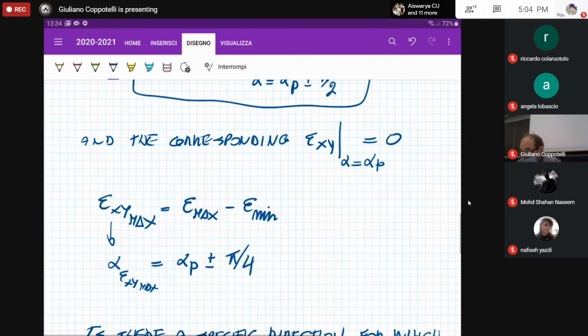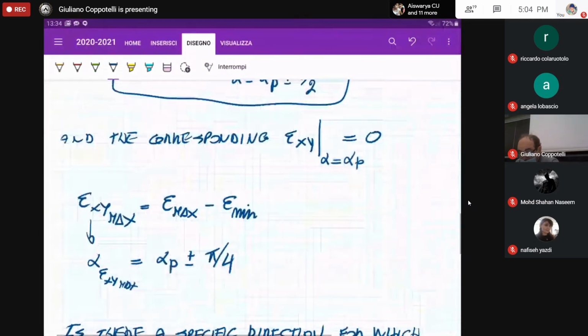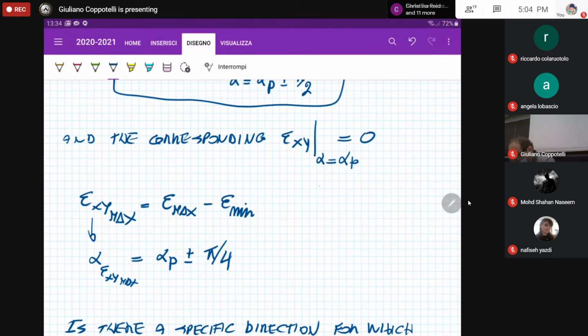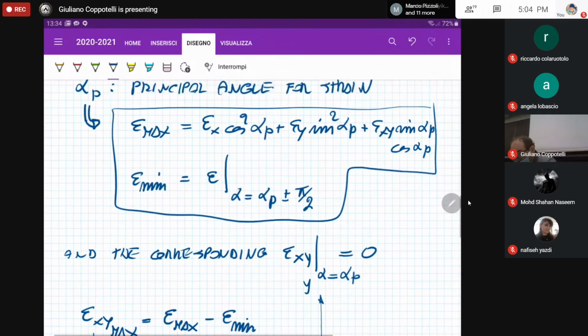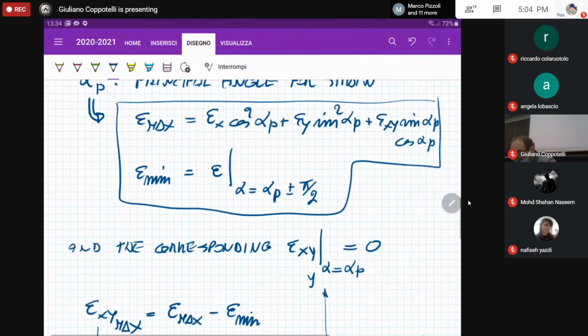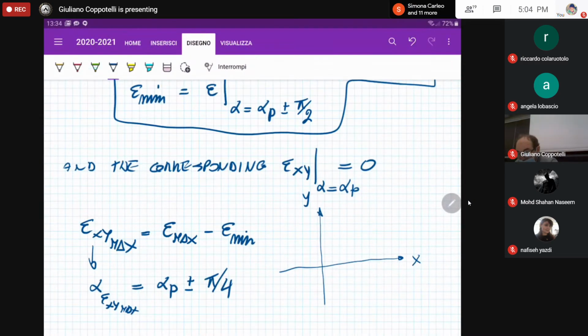Just to give you an idea of how these orientation angles are located, let's take your basic reference frame like this, X and Y. By solving this problem, once again, tangent of 2 alpha p and so on, we find the angle alpha p.